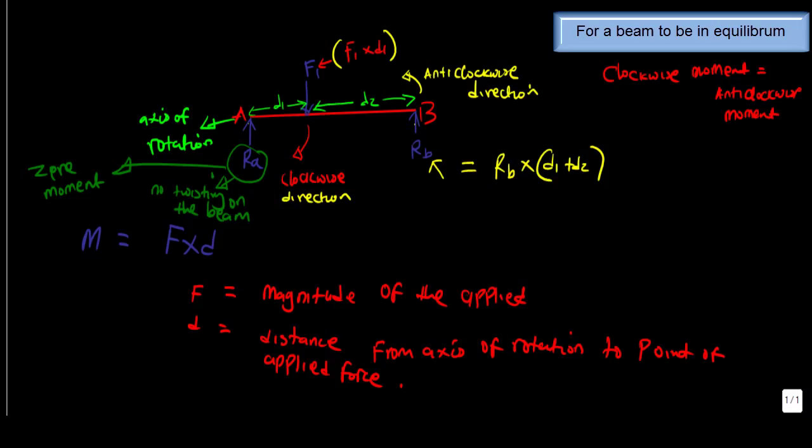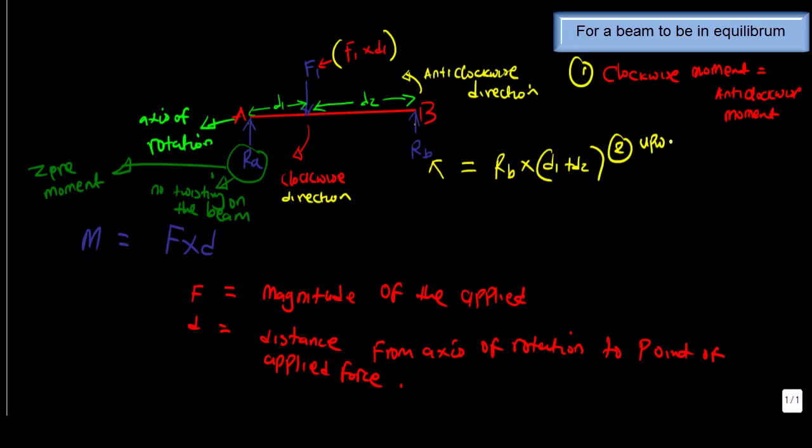And by the way, this is one of the laws that we have to always stick to. So this is the first one, and the second one is the component of the resultant force in any direction must be 0. So what we're basically saying is the forces acting on the beam have to equal 0.